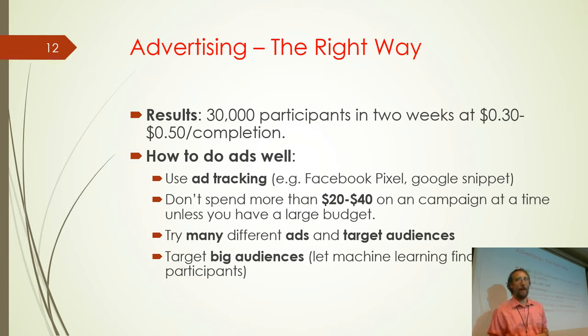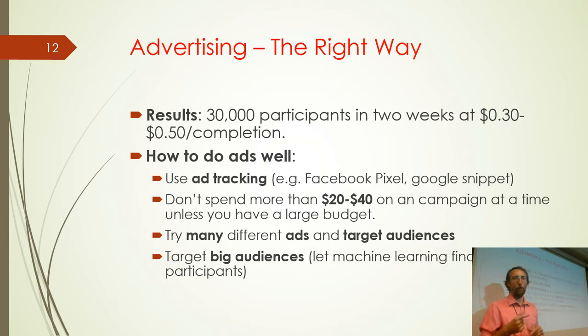We've had ads that we thought would work in one audience at like 50 cents or a dollar per completion, and then $30 a completion for another one. And who knows why those things happen. But you want to be able to do that experimentation and test whether an ad works with a particular audience.